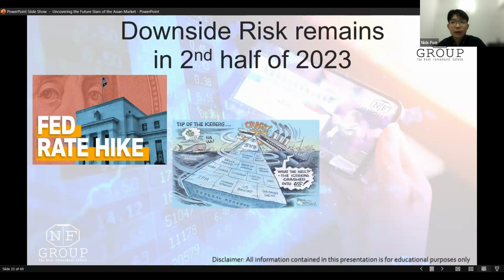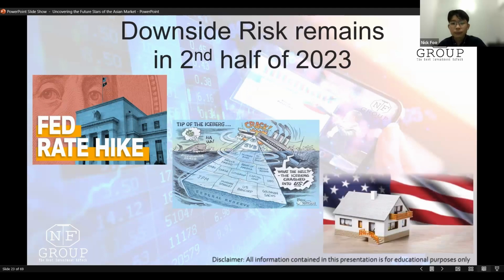But I think those banks shutting down was just the tip of the iceberg. I foresee more banks shutting down in the second half of this year. And another sector that I'm quite worried about will be the U.S. property.